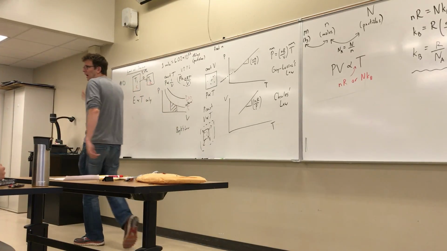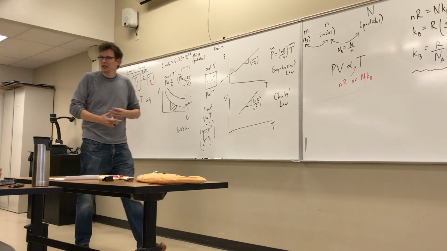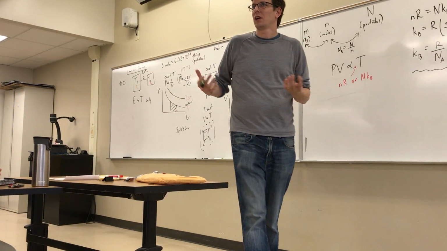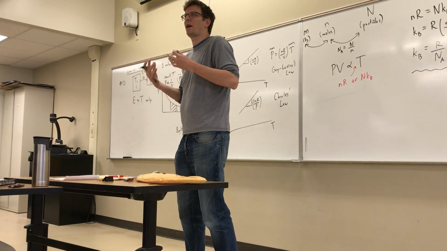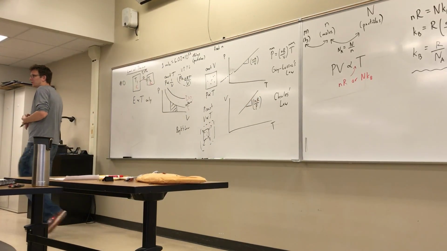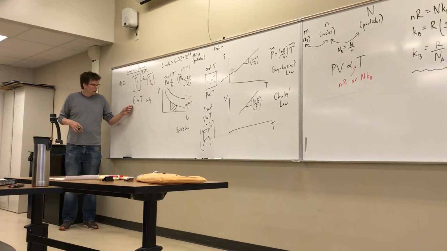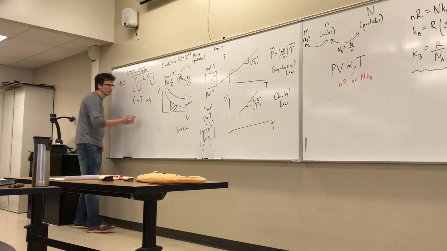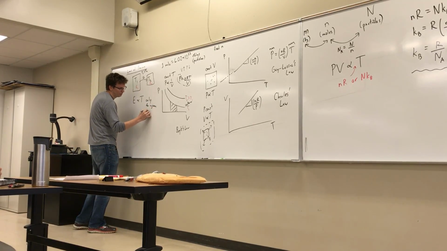If you have a given amount of stuff, say 2 kilograms of hydrogen gas, the only way that you can increase the internal energy of it is by increasing the temperature. And if you want to decrease the internal energy, you have to decrease the temperature. And I'm telling you that they're directly proportional, okay? So this is proportional to this for a given object, for lack of a better word.